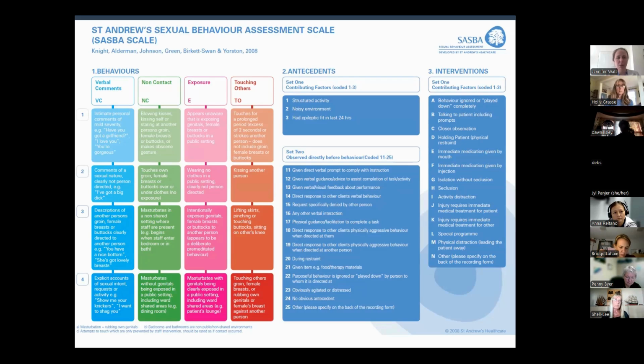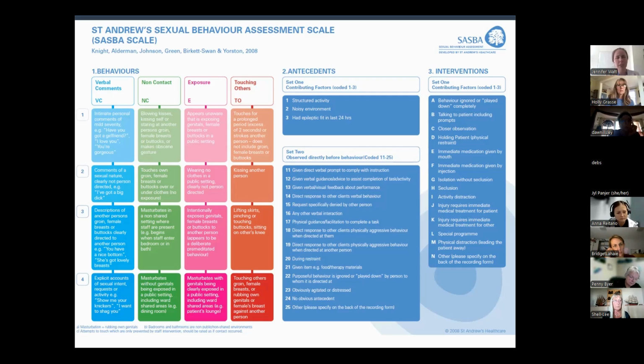And I think what's also really helpful about this is it uses that ABC approach: what was happening before the behavior, exactly what happened, and so we've got the four categories here for the behaviors. On my far left, you've got one, two, three, and four. One being the milder of the symptoms, but by the time you get down to four, it's the most distressing or the worst symptom burden.